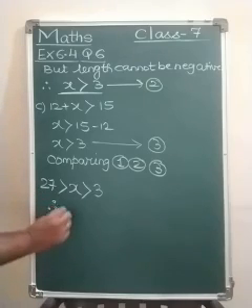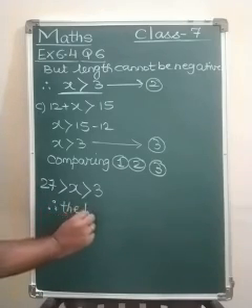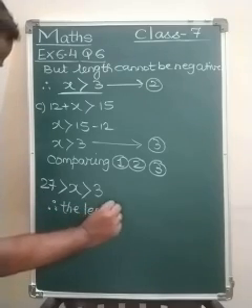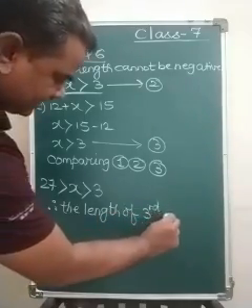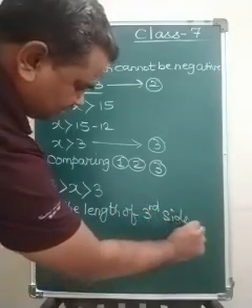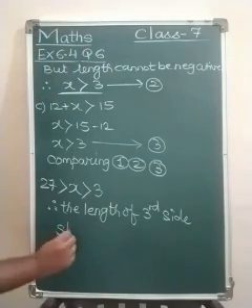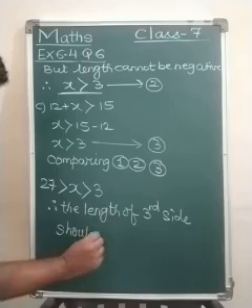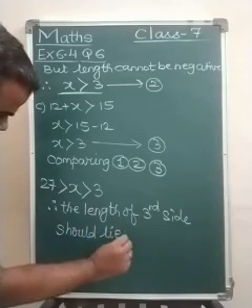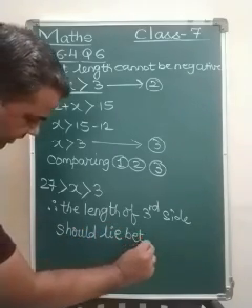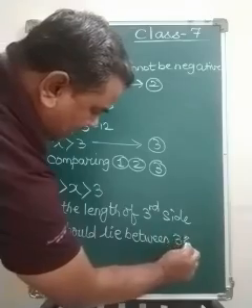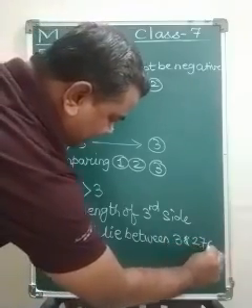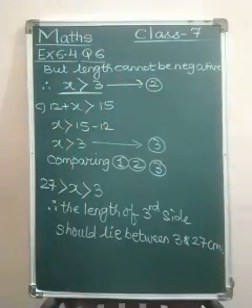Therefore, the length of the third side should lie between 3 and 27 centimeter.